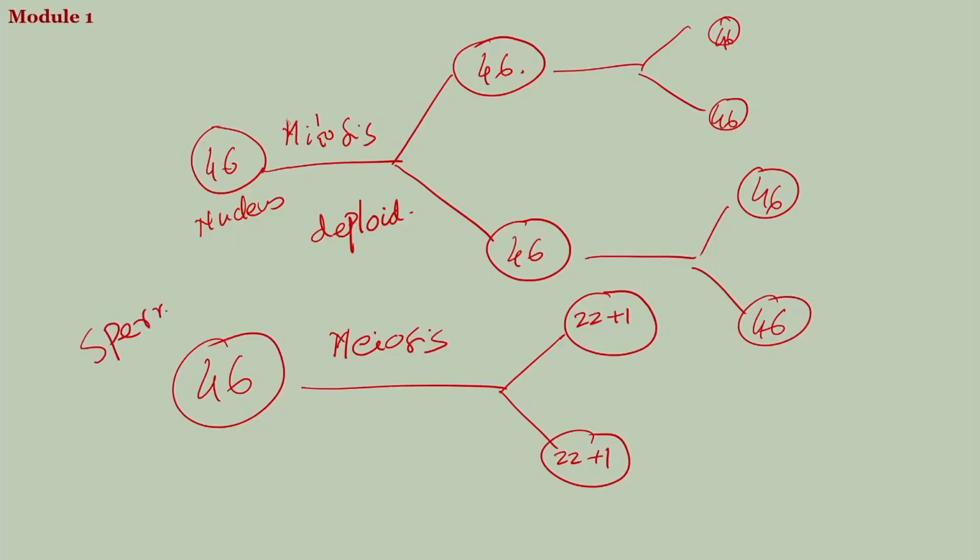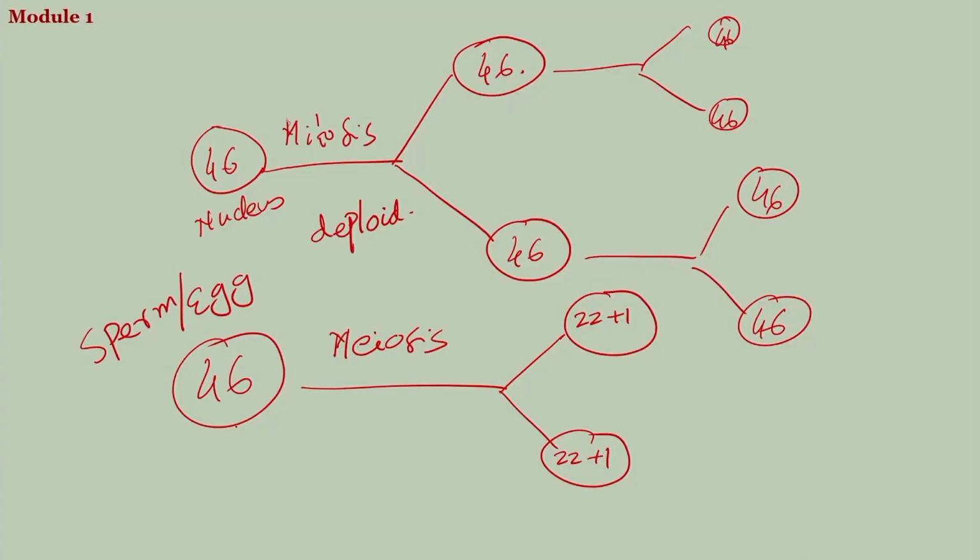and that happens in sperm cells or egg cells, father's sperm cells or the mother's egg cells. These are the only exceptions where cell division is not full, is not 46 to 46; cell division is haploid, 46 to 23 and 23.